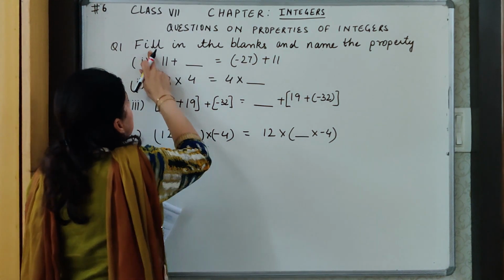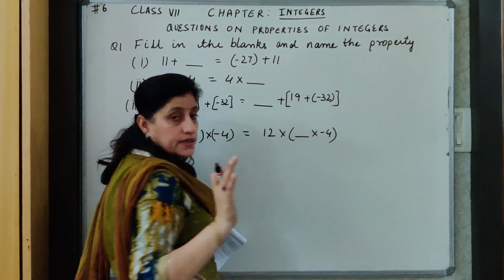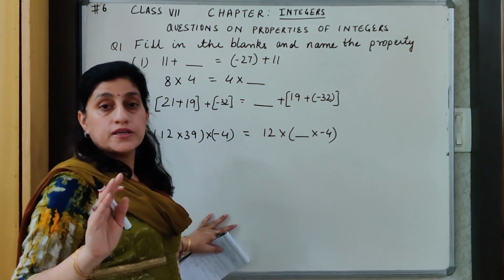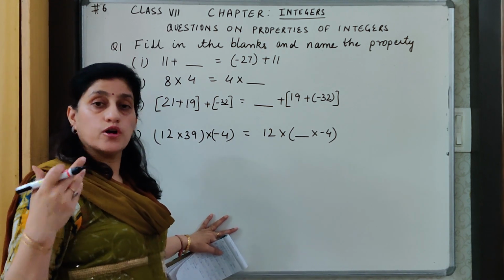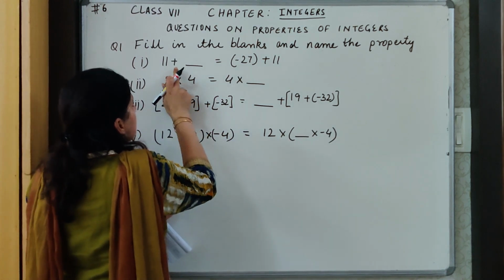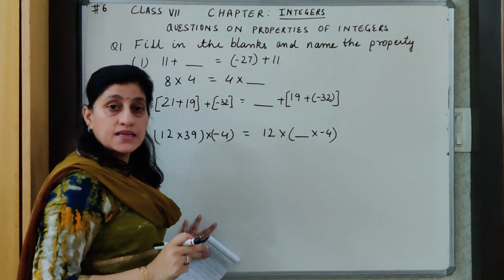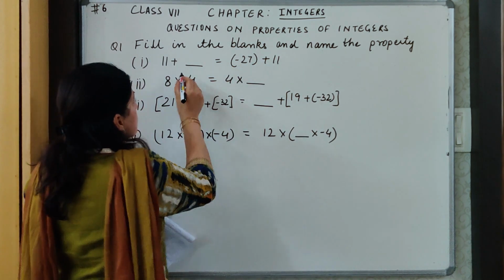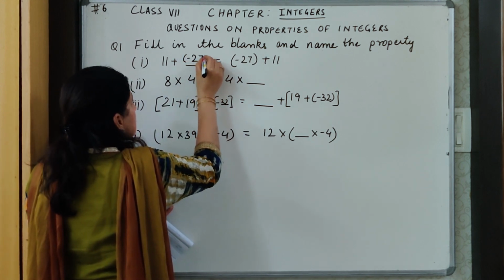It is saying fill in the blanks and name the property. If you want to revise the properties, you can quickly go through the previous video to brush up. And here we begin. 11 plus dash is equal to minus 27 plus 11. So what is going to come in my dash is minus 27.